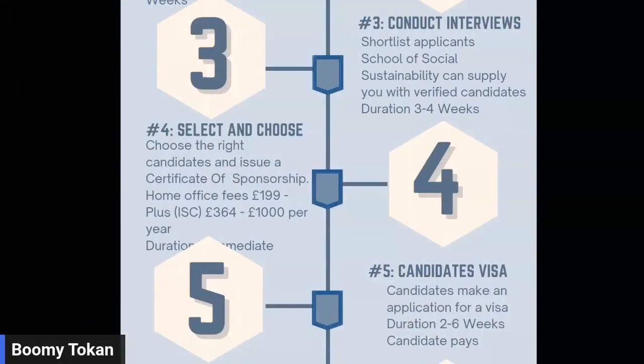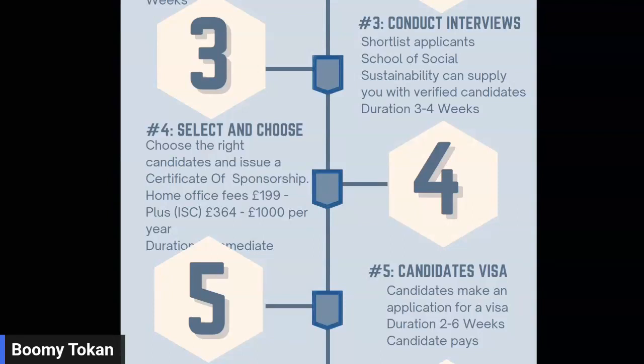So I would suggest that whilst you are waiting for the allocations, which can take anything from a few days to 2 or 3 weeks, okay? At the time of recording this, it was taking about 2 or 3 weeks for the Home Office to respond and supply us with the number of allocations necessary for the issuing of a certificate of sponsorship. So, like I said, we can supply you with verified candidates that are looking for work, so that you can interview them. All right.